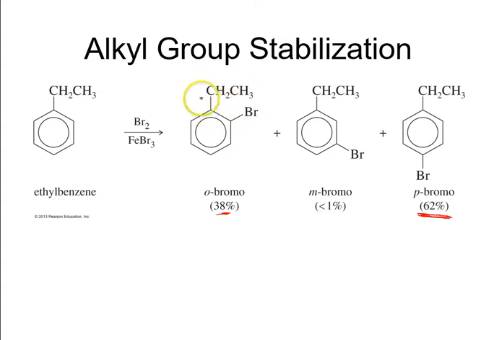If I just have a methyl, a small group, I'll get more of it at the ortho and less of the para. As this thing gets bigger, I get more and more of it at the para. So imagine if this was a tert-butyl, a gigantic group here. How much ortho do you think I would get? Probably very, very little. I'd probably get mostly para. Obviously, you can see meta, virtually none.